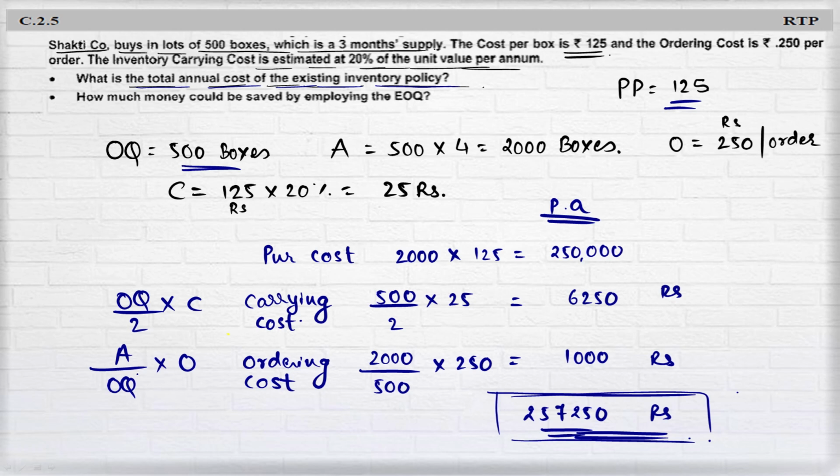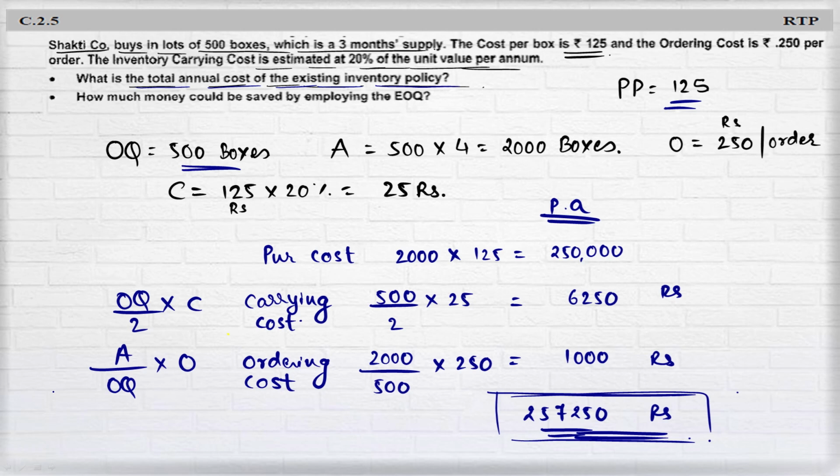What I have found is the total cost of raw material per annum. If the question was to find the total associated cost of this inventory policy, the answer is only 7250. If they ask me total cost, I will present the total cost. If they ask me associated cost, I will tell them only ordering and carrying cost.